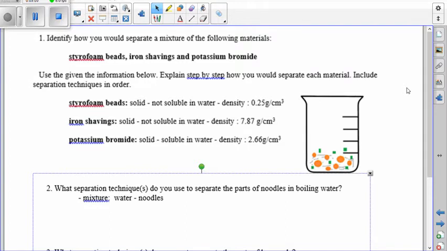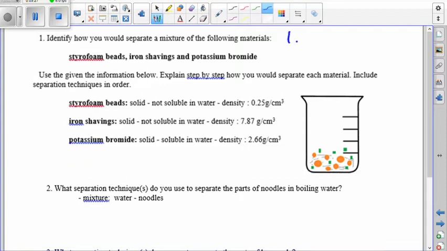I would use filtration to separate the potassium bromide from the other two, because it's soluble. Oh, I see. Well, one thing you have to do before that, so if you were to start with the three solids, if you use a filter, you pour them all in there and they'll all get stuck in the filter. What do you have to do before you even filter? We mix it with water. Mix it with water, okay? So that's probably the first thing I'd do.